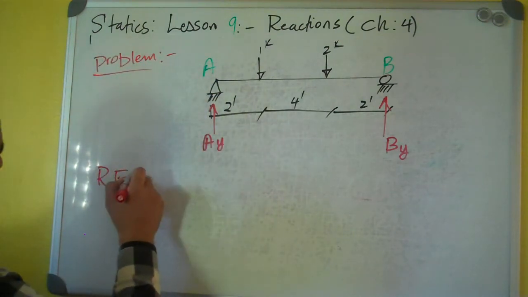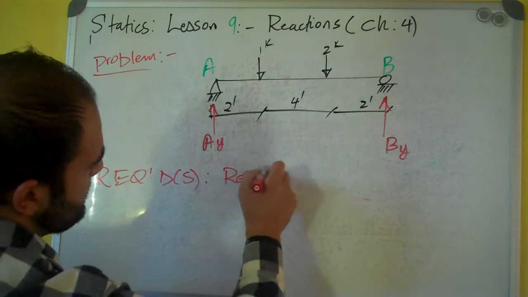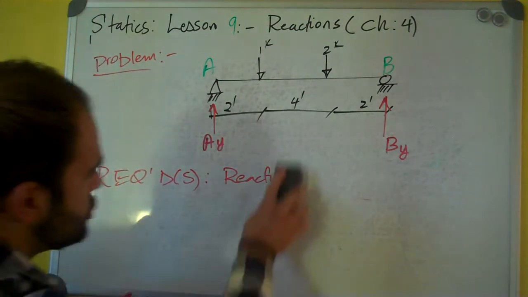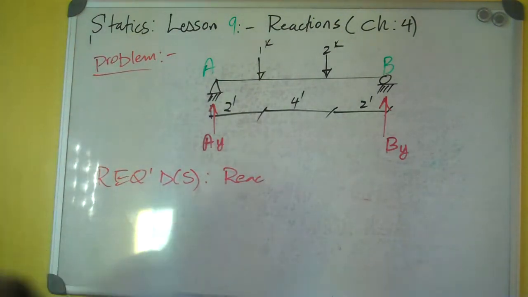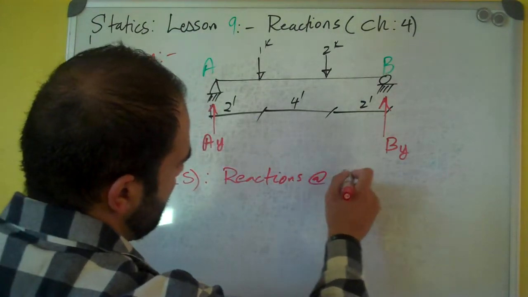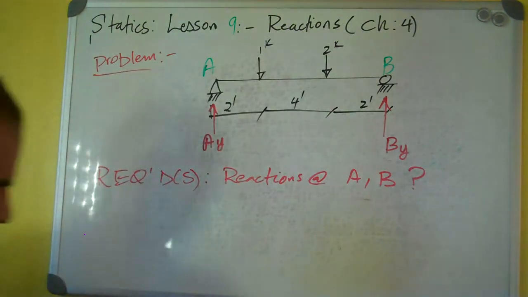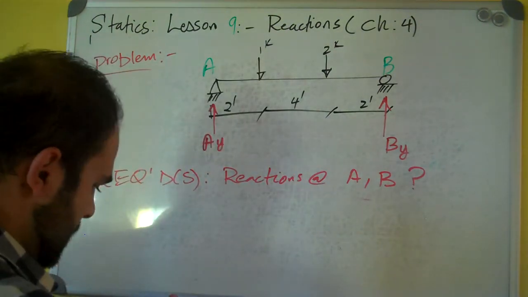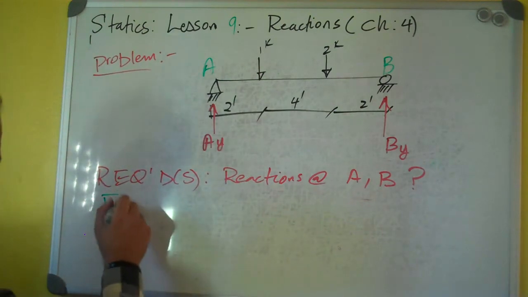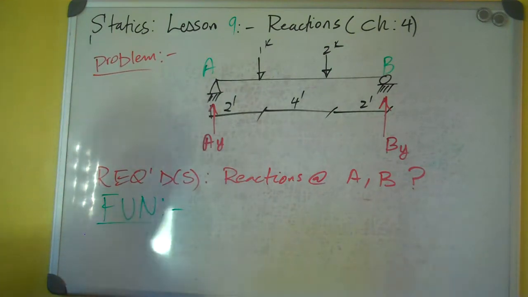Required, we're going to be asking for reactions at A, comma B. And we're going to write the magic word, which is fun. And let's have fun with that.